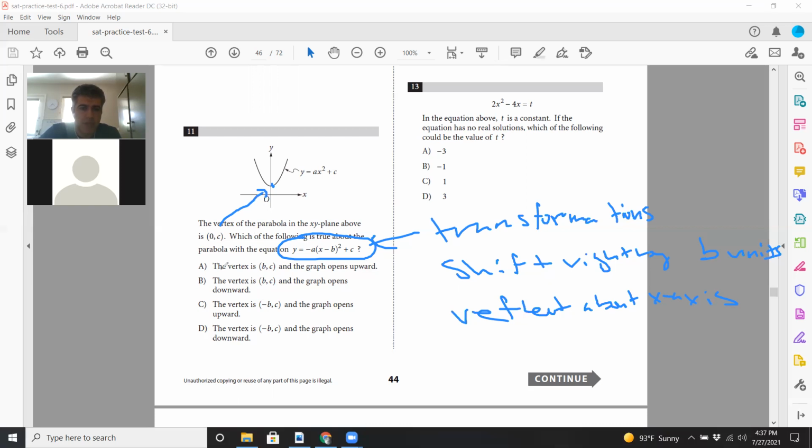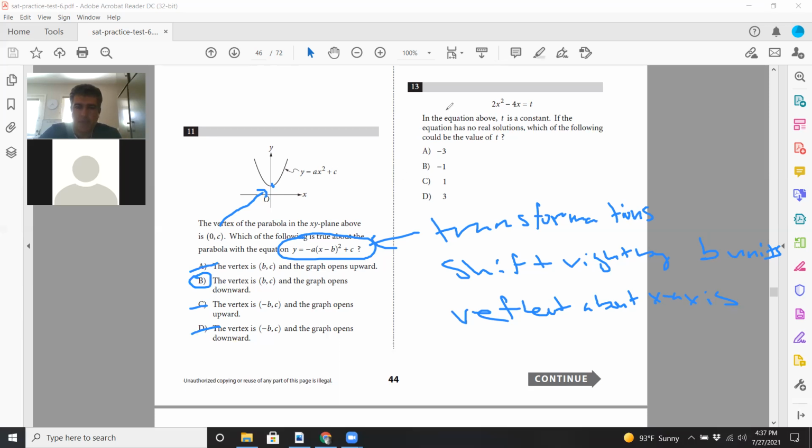Because of shifting right, your vertex now will be b comma c, not negative b comma c. And it's opening up right now, and now it's going to be opening down because of the reflection when you put a negative out in front. So you've just got to know that stuff conceptually. I guess you could plug in numbers if you wanted to, but you just got to understand the concept.